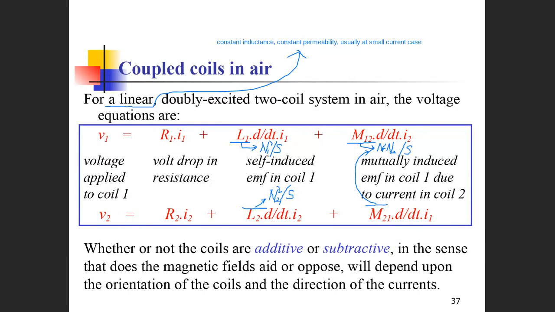The self-inductance is the leakage inductance plus the magnetizing inductance, for the coil.